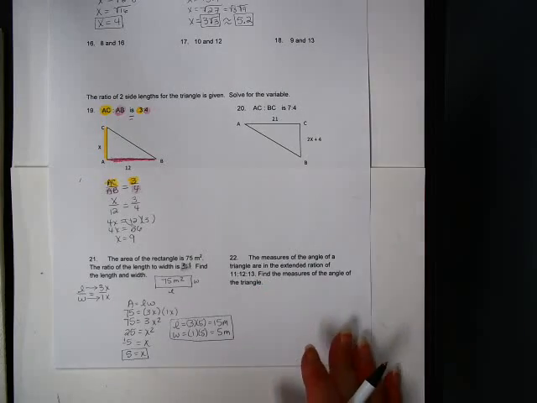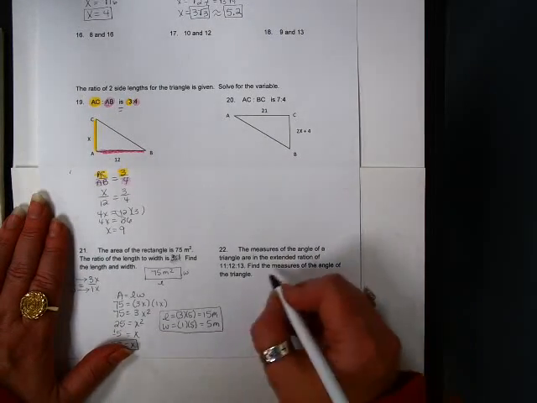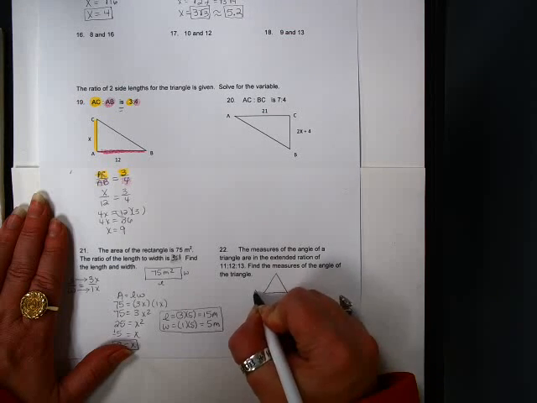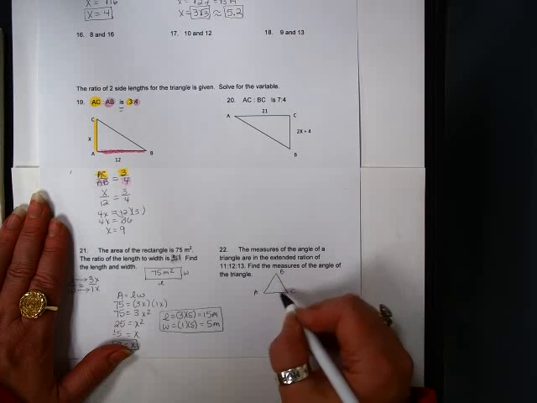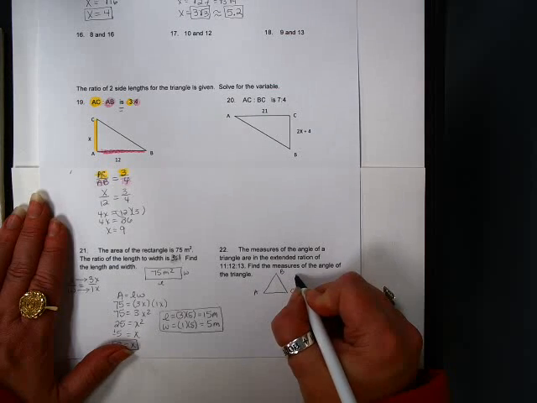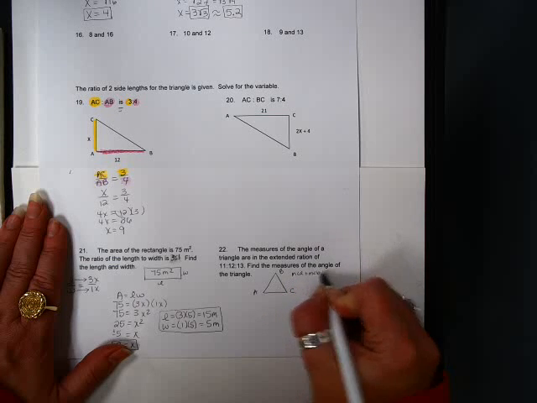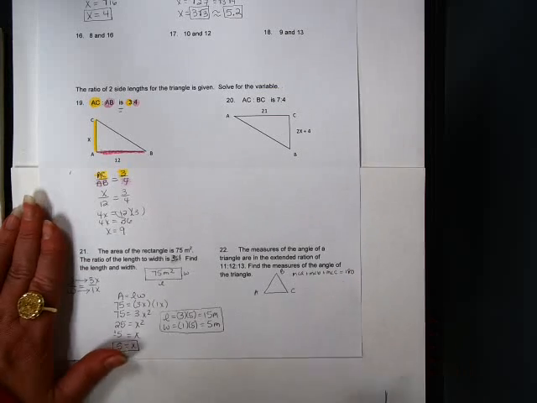Number 22 is very similar. It's harder because there's not a picture, so you draw a picture. I have A, B, and C. What I know about this triangle is that the measure of angle A plus the measure of angle B plus the measure of angle C equals 180 degrees. That's from prior knowledge.